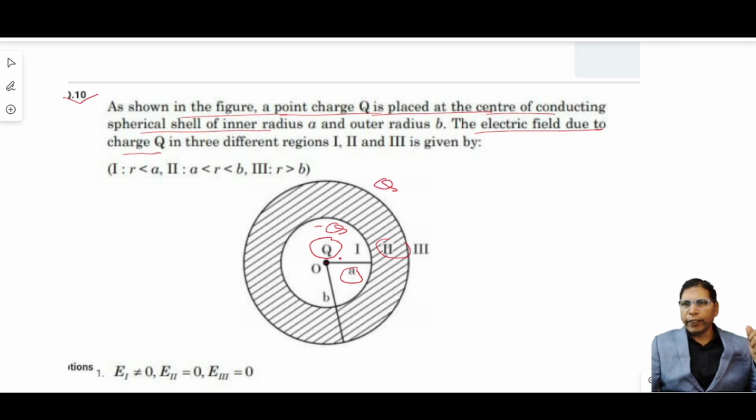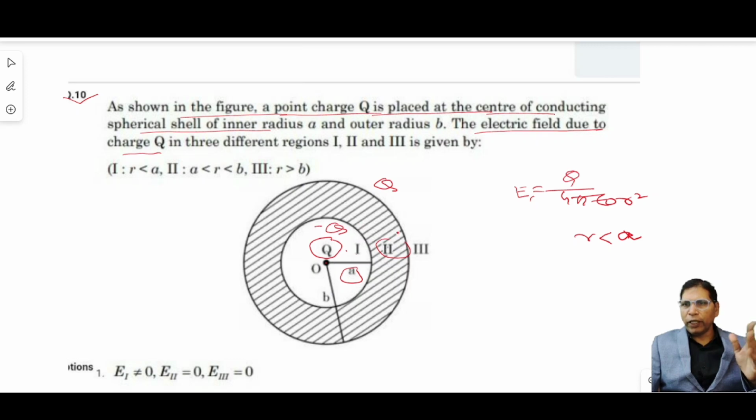Okay, so in region 1 the electric field E is equal to Q divided by 4 pi epsilon naught R square, where R is less than A. So this is E1.